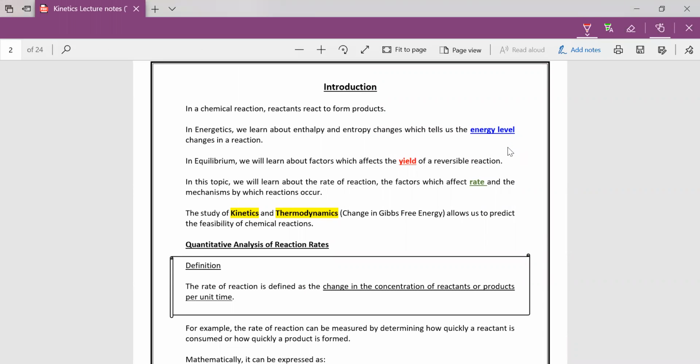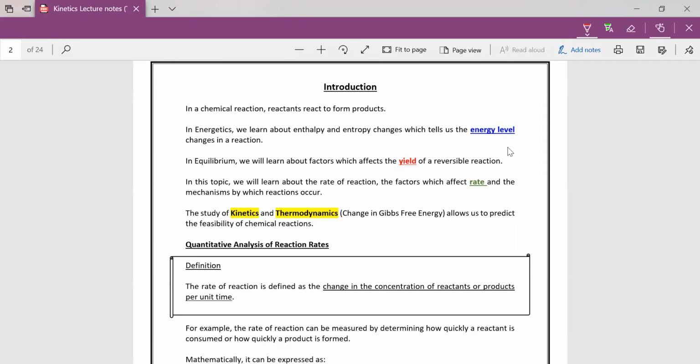Okay, so in a normal chemical reaction, you have your reactants reacting to form your products. In an earlier topic, we learned under energetics about enthalpy and entropy changes. Later on, in the equilibrium chapter, the first online chapter, we learned about the factors that affect the yield of the reaction.